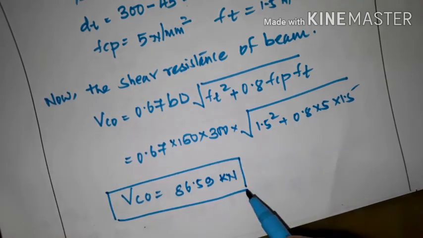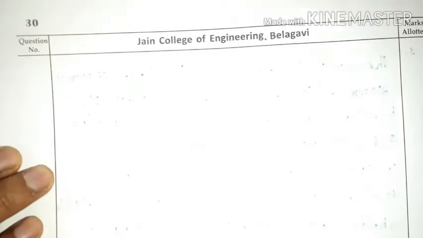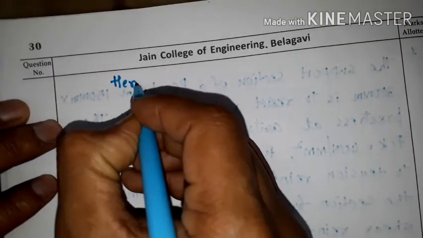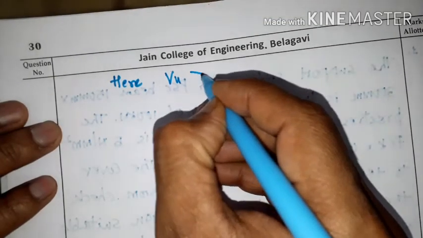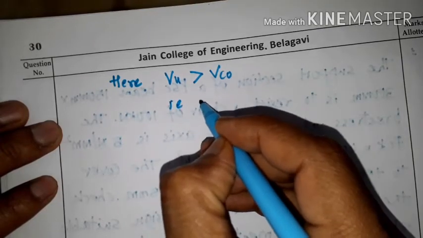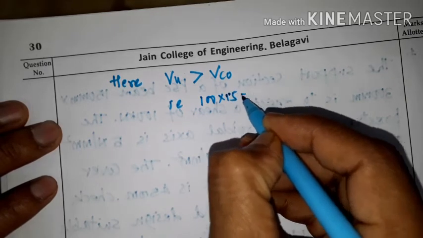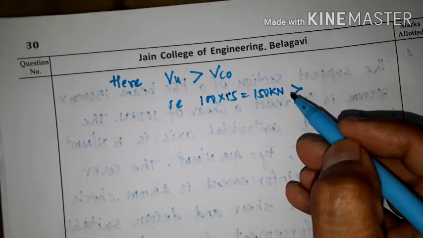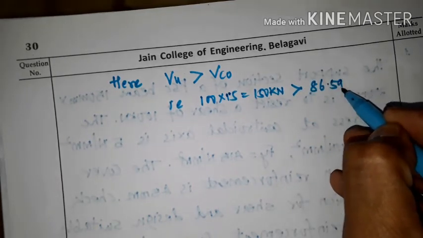Okay, understood. Now we have to compare. So here, after comparing, VU is more than VCO, that is VU is 100 into 1.5, it is 150 kilonewton, is more than VCO, that is 86.59 kilonewton.